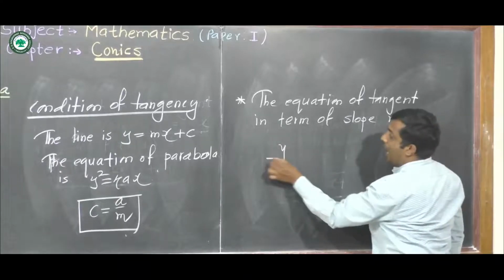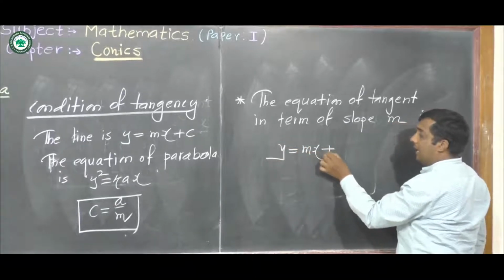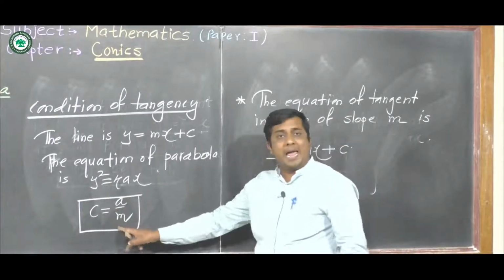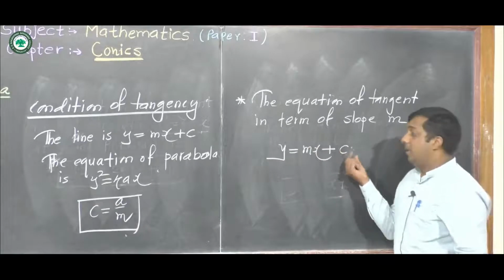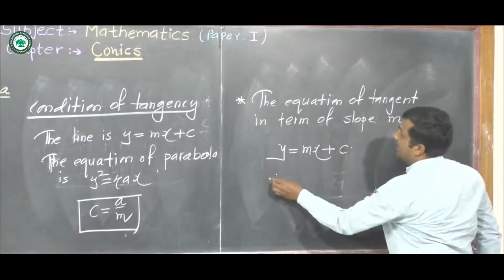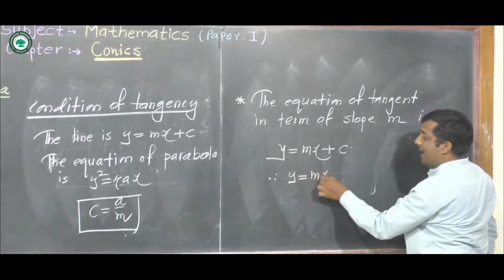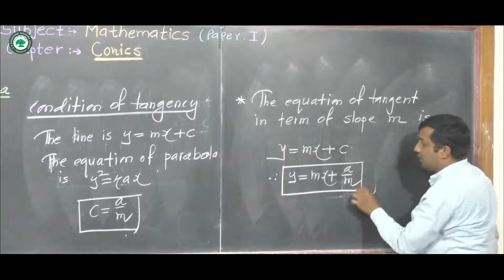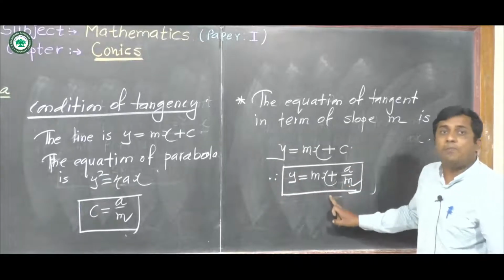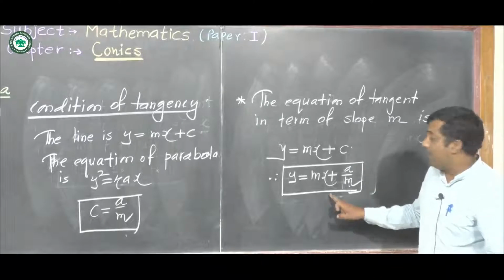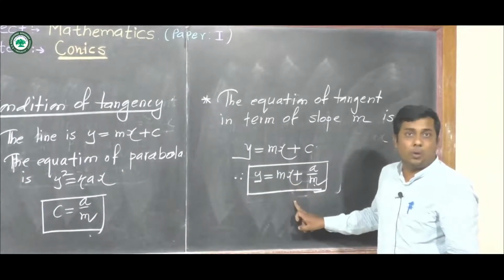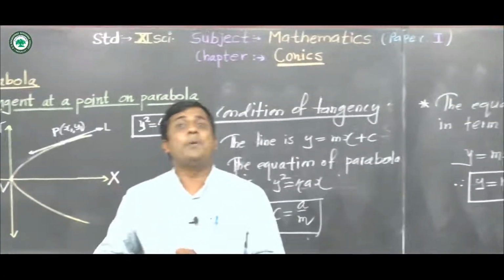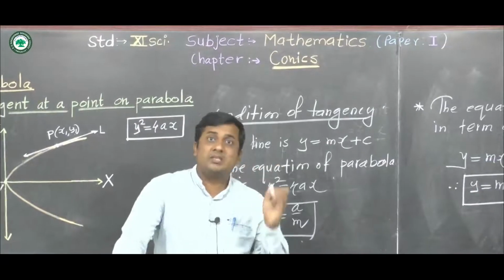The line is y is equal to mx plus c. We know the condition for tangency is c is equal to a by m, so we replace c by a by m, and we get y is equal to mx plus a by m. So this is the equation of the tangent in the form of slope m. Remember this equation also. In today's lecture, we will see some important examples related to these concepts.